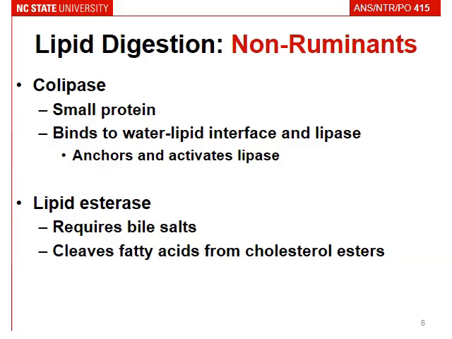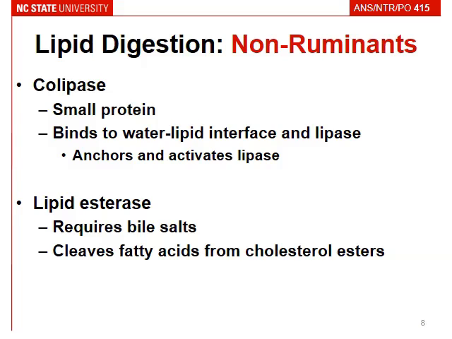So what is our colipase? It is a small protein that binds to the water lipid interface and lipase, and basically it anchors and activates the lipase. So we need the colipase for the lipase to work adequately.